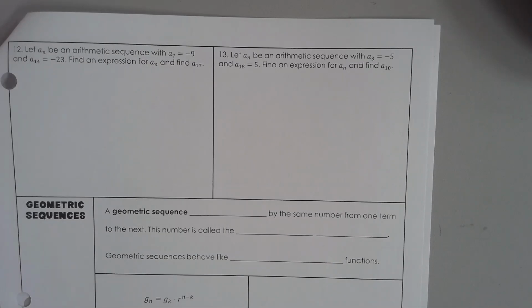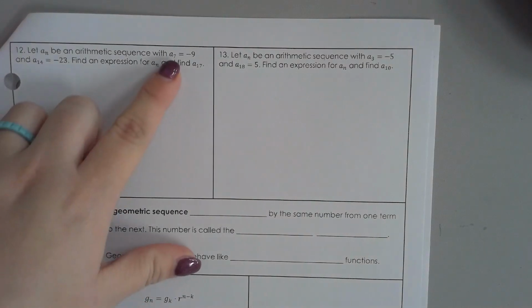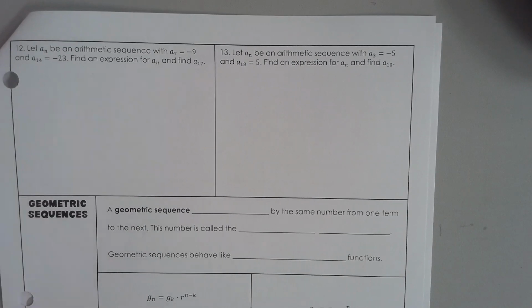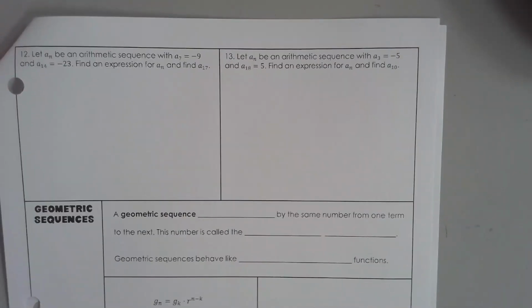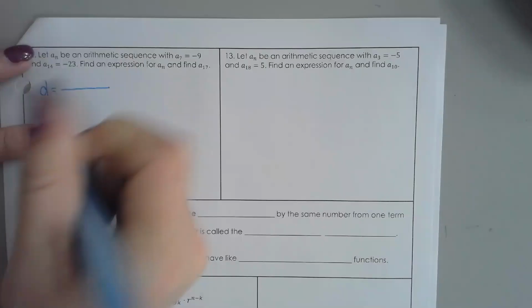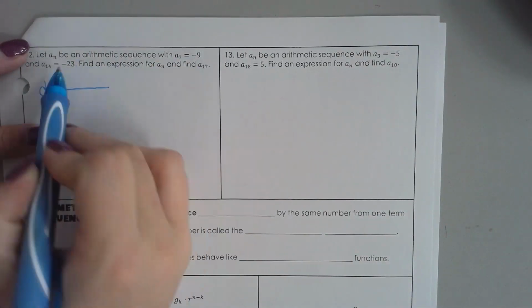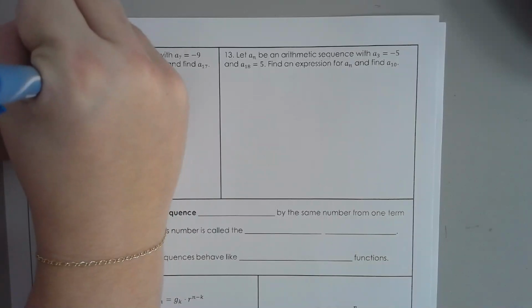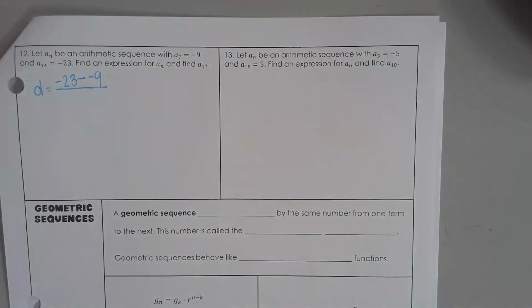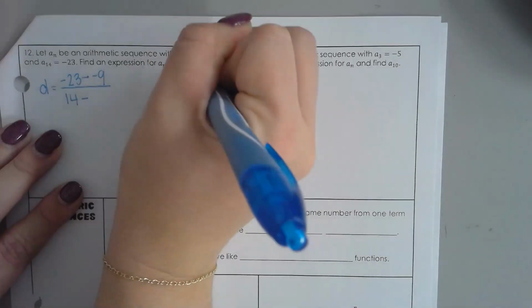The easiest way would be to treat this like you have the points (7, negative 9) and (14, negative 23), and do the slope, which is what I showed you to do in Algebra 2. So for your common difference, you subtract the y values: negative 23 minus negative 9, because in slope you subtract the y's on top, subtract the x's on bottom, and so 14 minus 7.